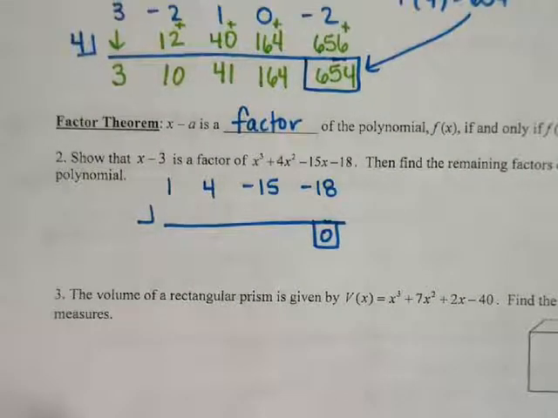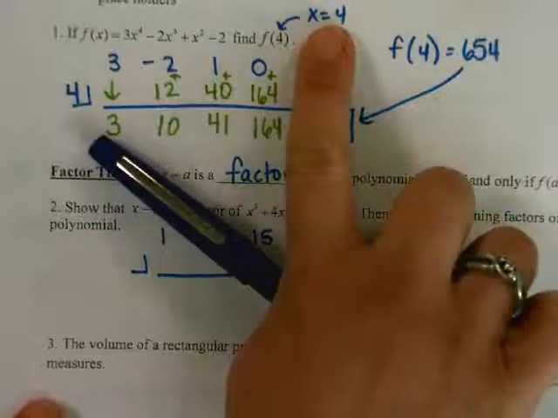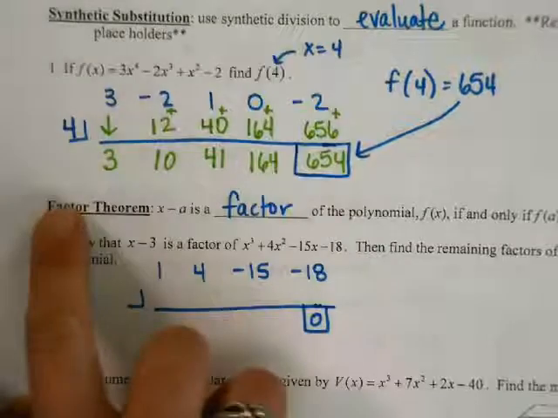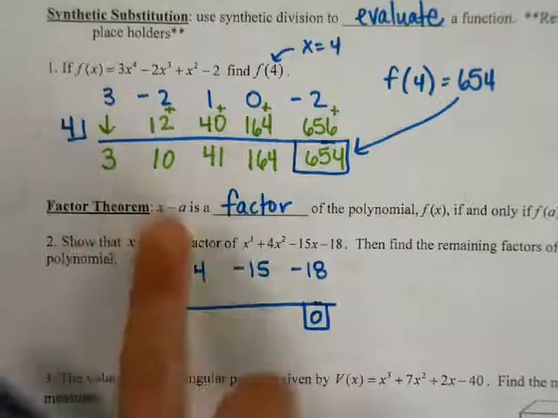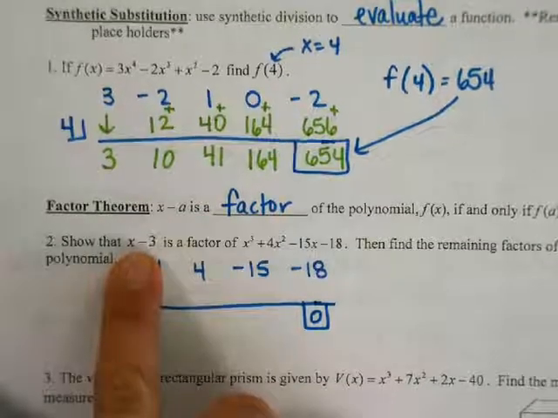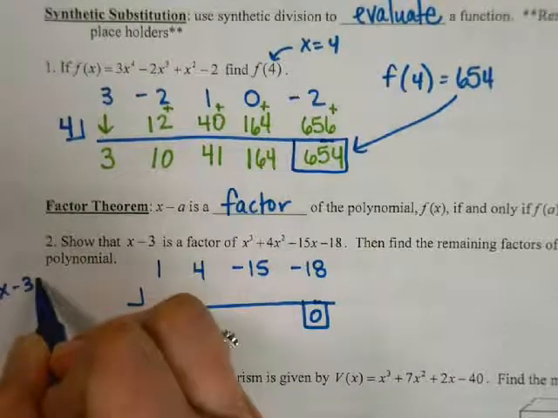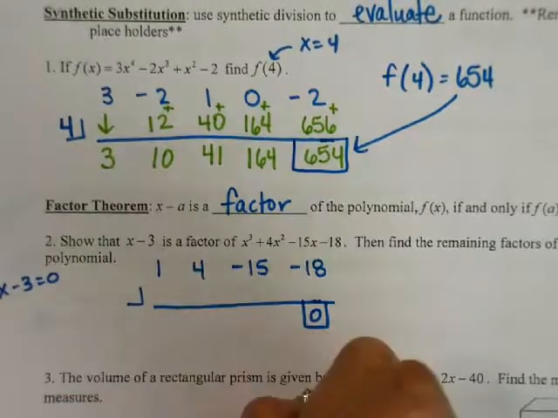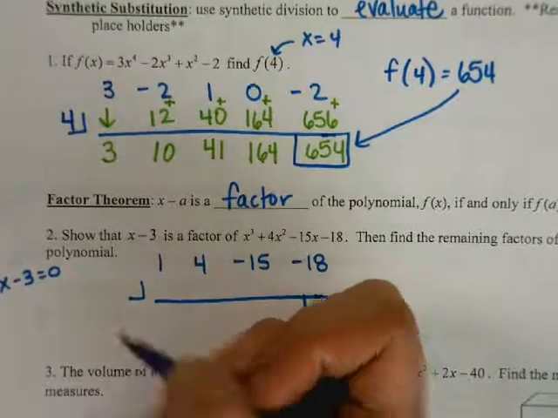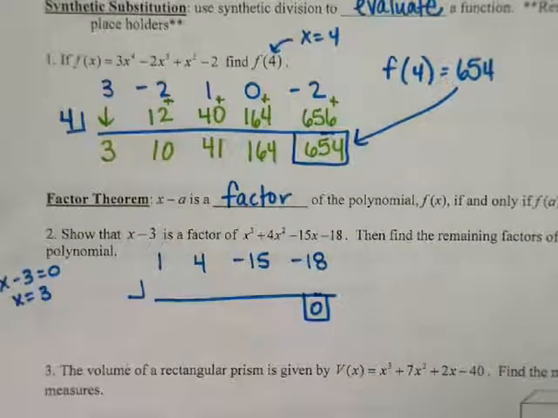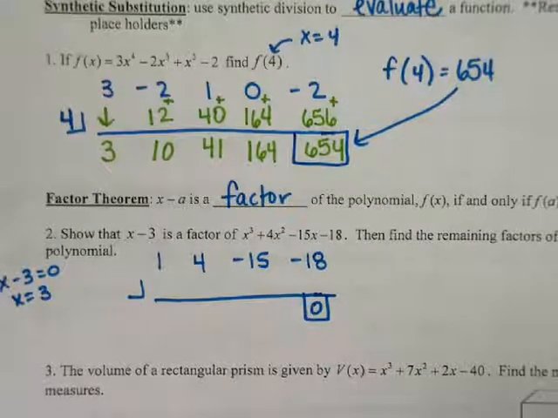Okay, now, this guy up here, it said evaluated at 4. So we put 4 in the box. But this one is a factor. So if x minus 3 is a factor, what do I want to evaluate the function at? Positive 3. So this is the one where I have to flip the sign.